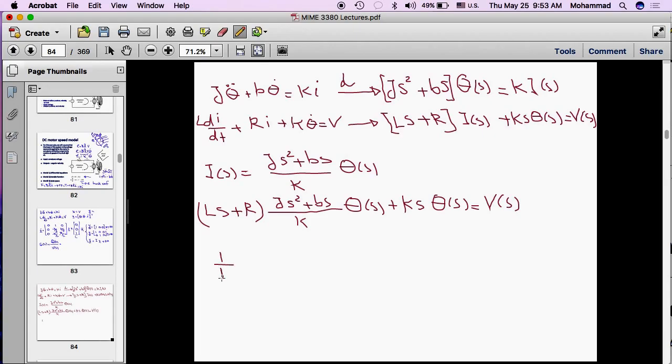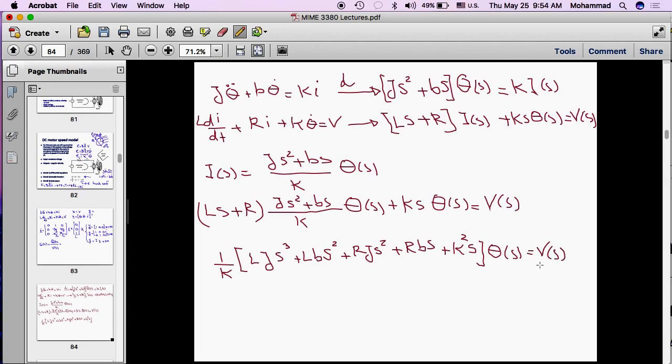So what we will have is 1 over k multiplied by, I can multiply this through, LJs cubed plus LBs squared plus RJs squared plus RBs plus K squared s, all of this multiplied by theta of s, and that is equal to V of s.